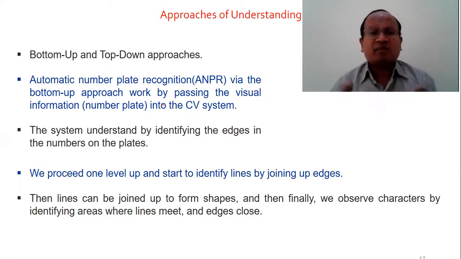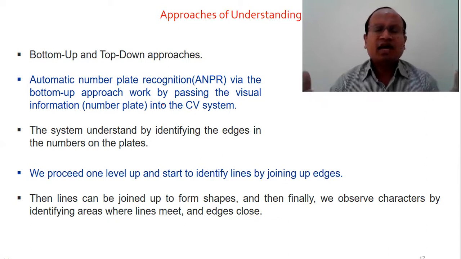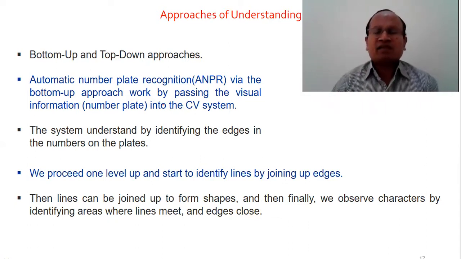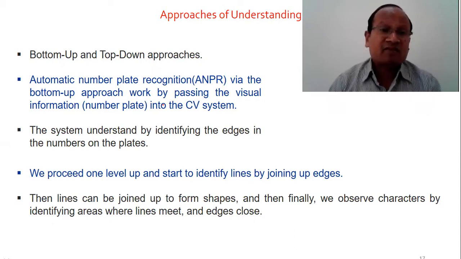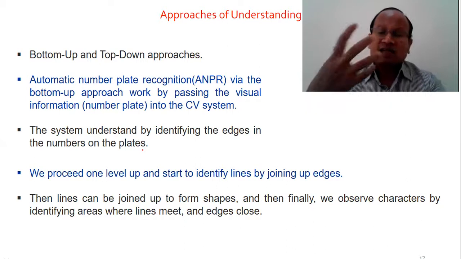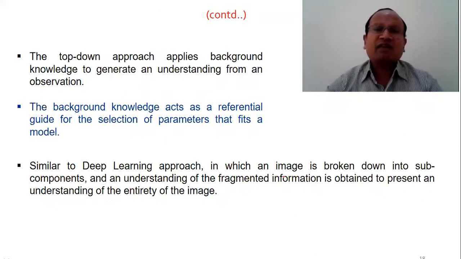We acquire some number plate information, then it starts processing, extracts some features, then classifies the data. Some machine learning and AI will be used to train the data, and so on. Then at the top level, the decision will be made and the plates will be recognized.